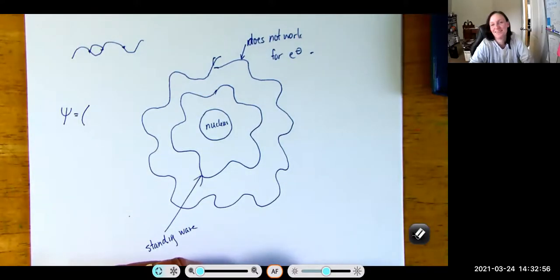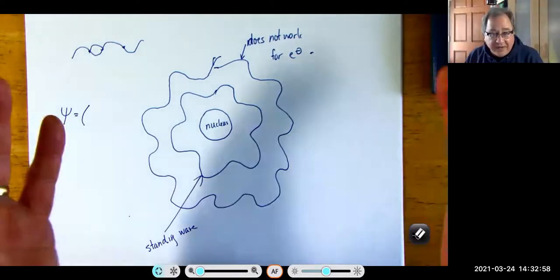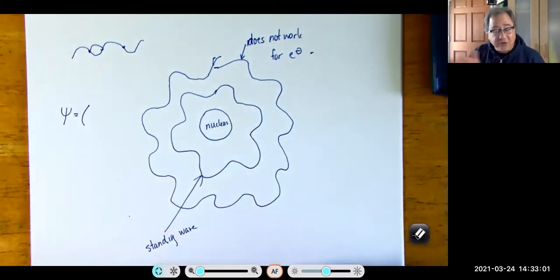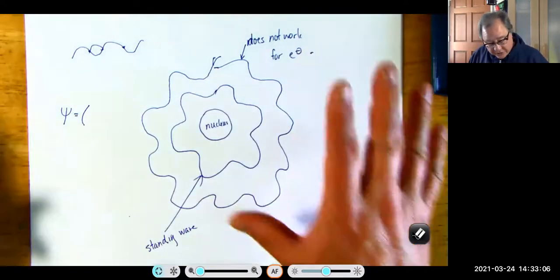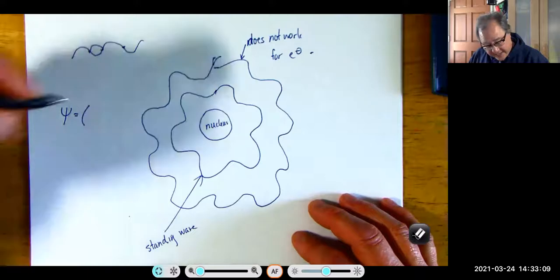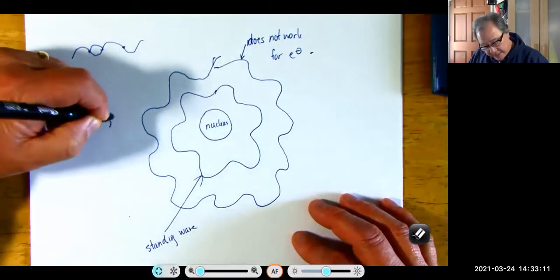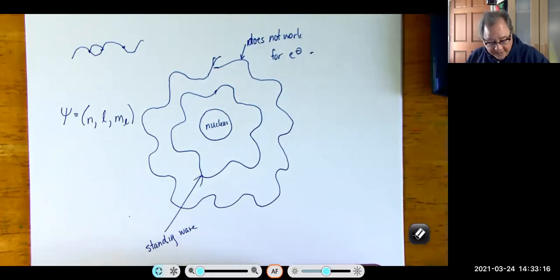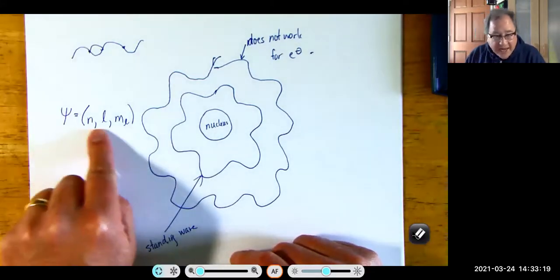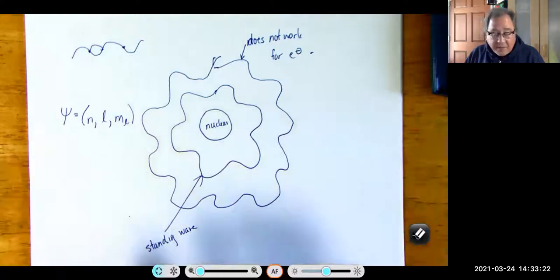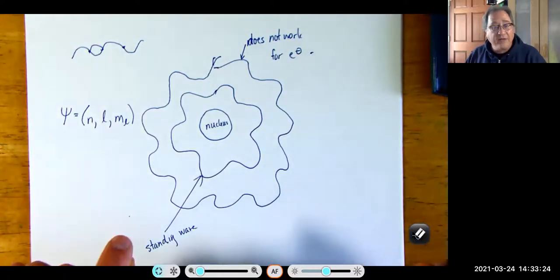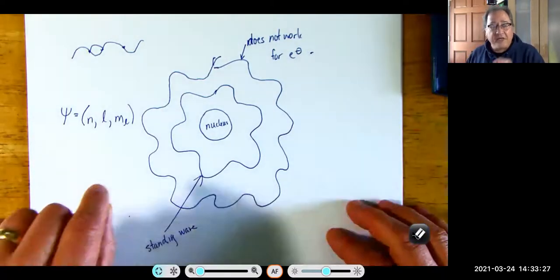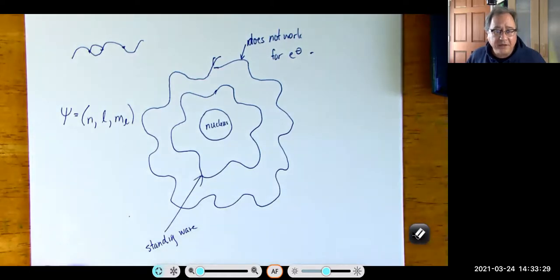When you add the third dimension, it's X, Y, and Z. These waves are actually three-dimensional things, so it depends on three things, N, L, and M sub L, instead of X, Y, and Z. And because they are standing waves, you can't have just any combination of N, L, and M sub L. You only get specific combinations. So that's why you need to know the rules for those things.